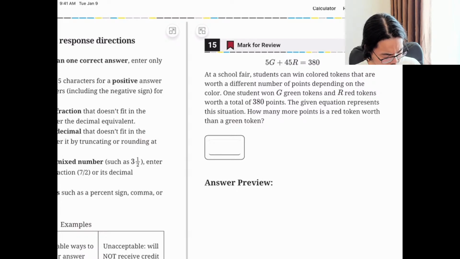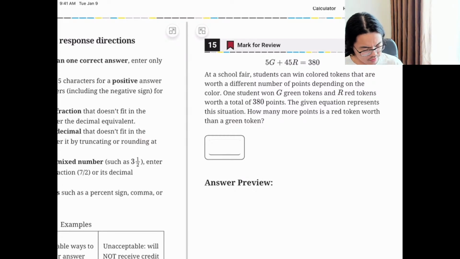Is there an error here? If I got 0 green tokens, I would have been left with 45 red tokens. My 45 red tokens is equal to 380, which means that each of my red tokens is 8.4, which is insane.